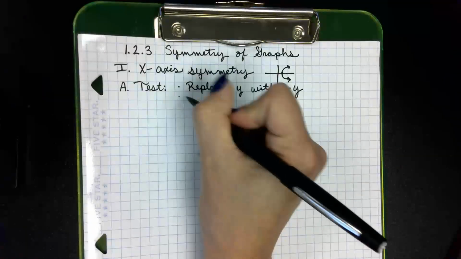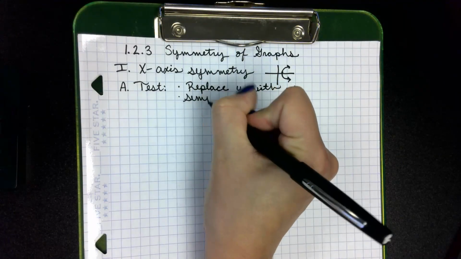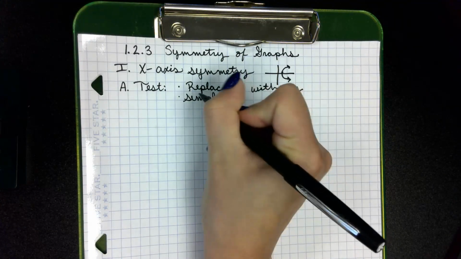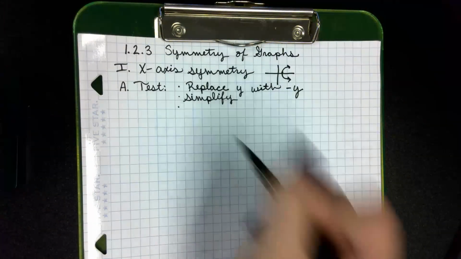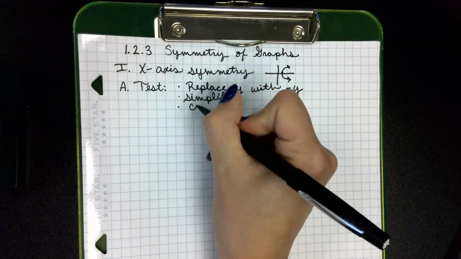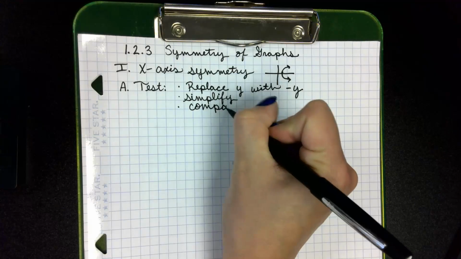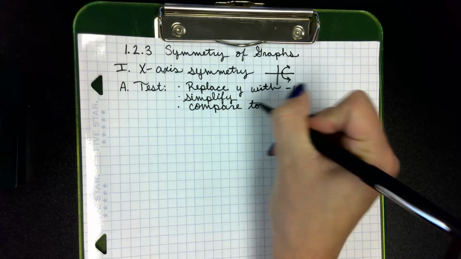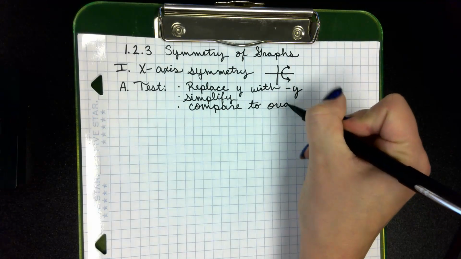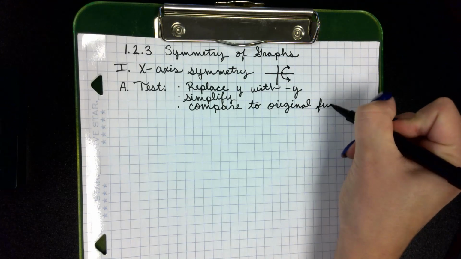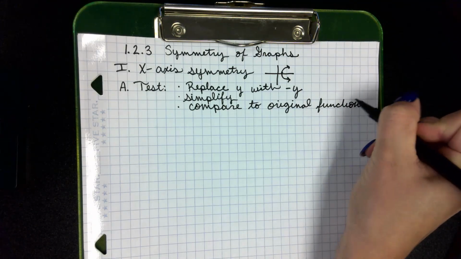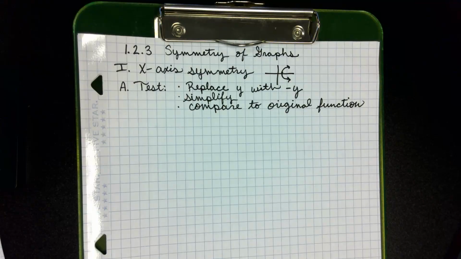And then after that, you're going to simplify. And then you're going to compare to the original function. So that's your 3 steps for the x-axis symmetry test.